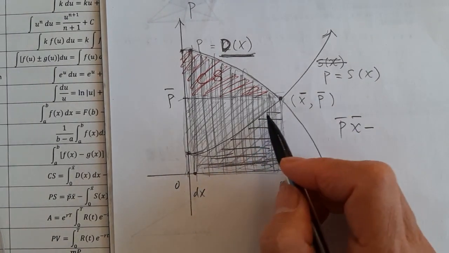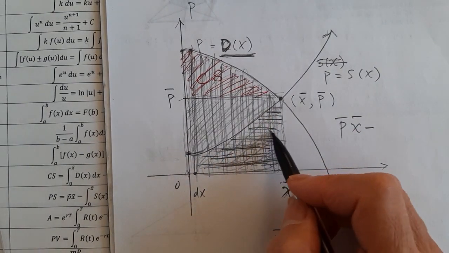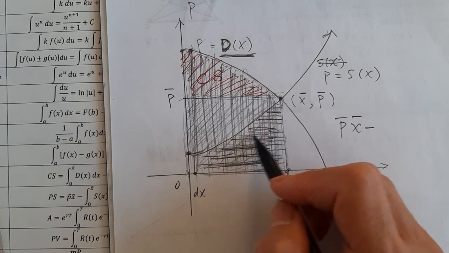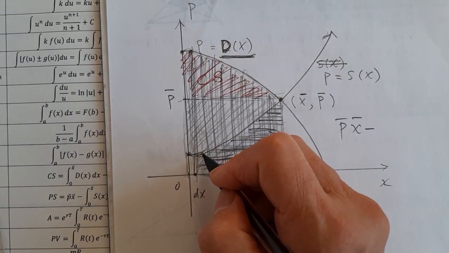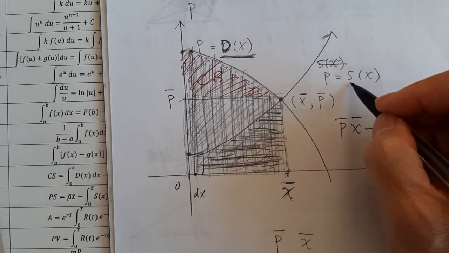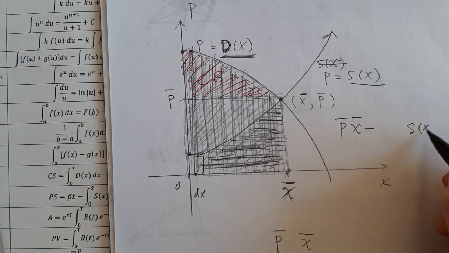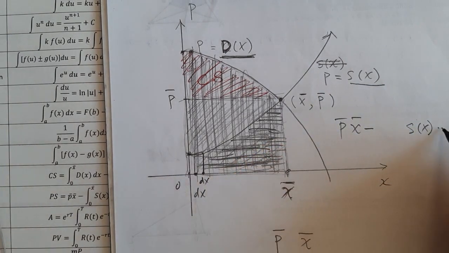With supply, the producer assumes they can supply so much. So the price is this S of x times dx.